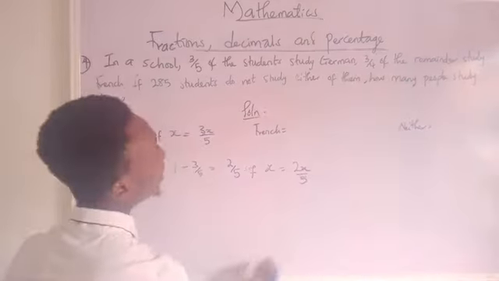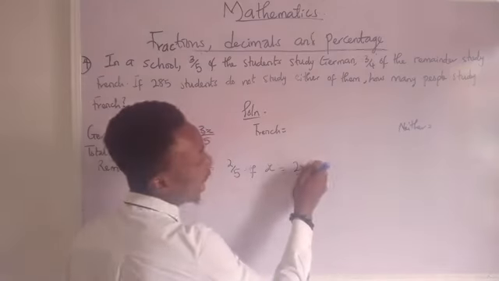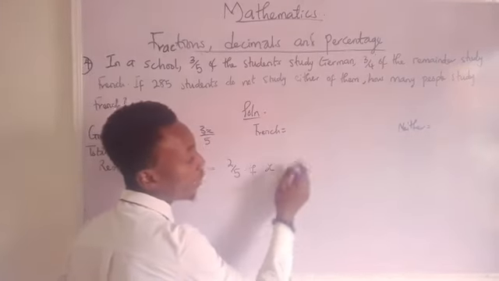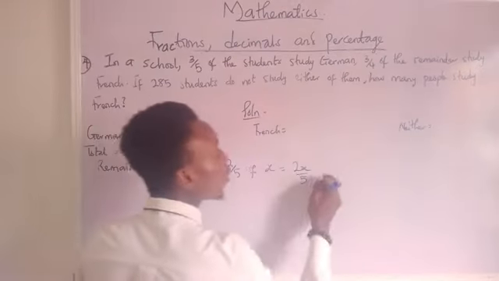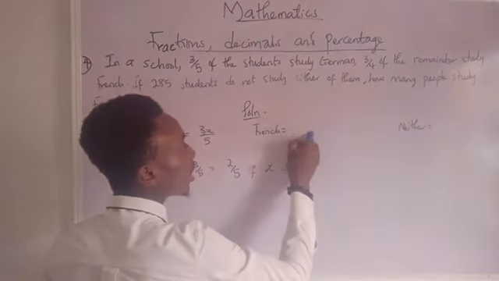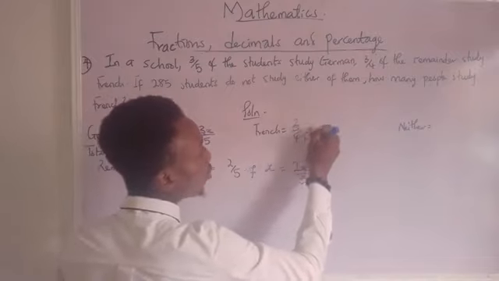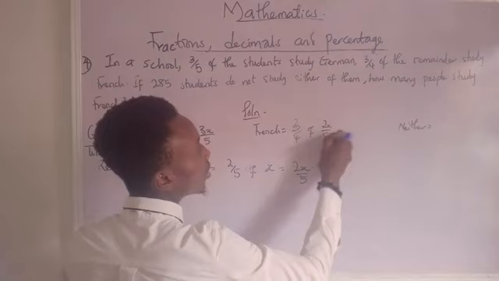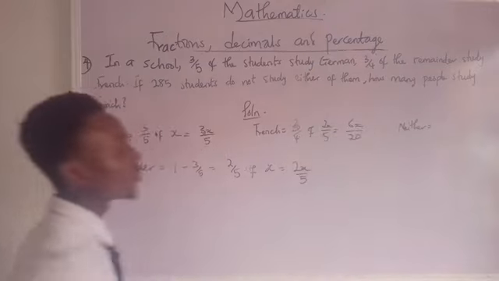So, when we say 3/4 of the remainder, if we add the value of x, this will give us a particular number of students. So we're saying 3/4 of this remainder, which is 3 times 2, 6x/20.